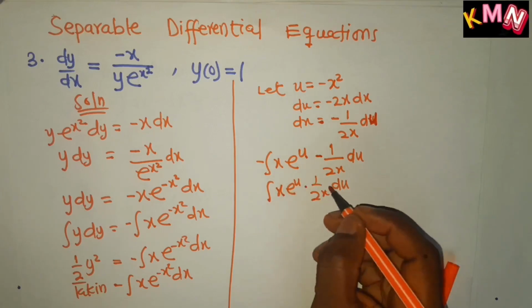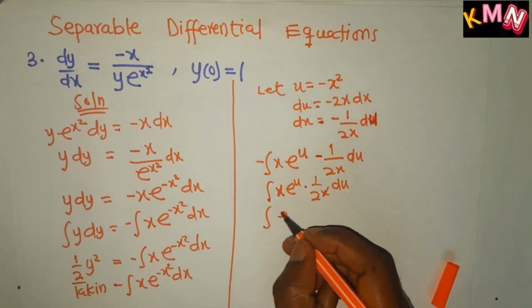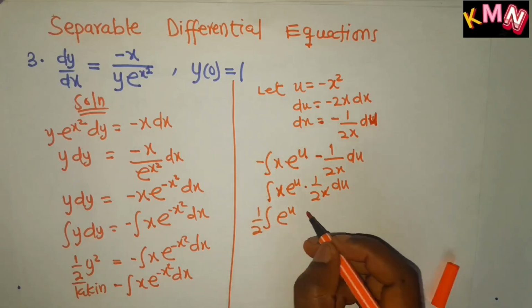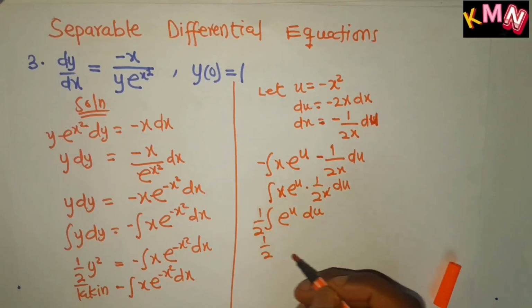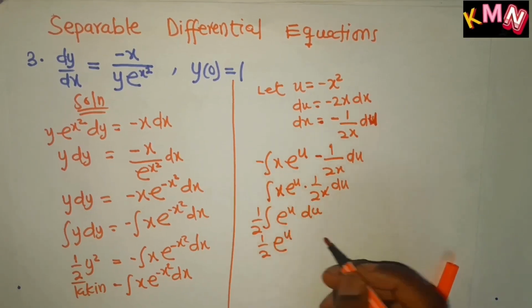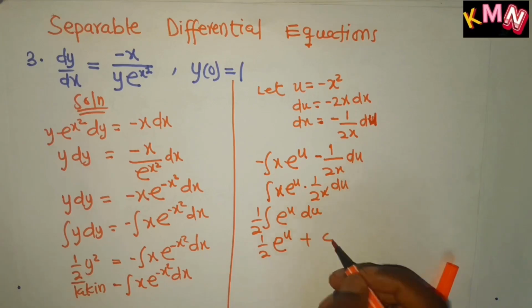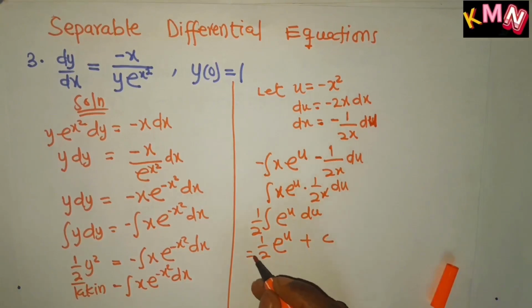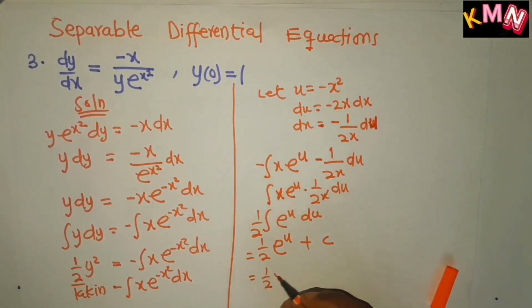This cancels that, then our e power u, so I can bring the half out, du, which if I integrate, I'm going to get e power u plus c, but my u is negative x squared, so that means we are getting half e power negative x squared plus c.